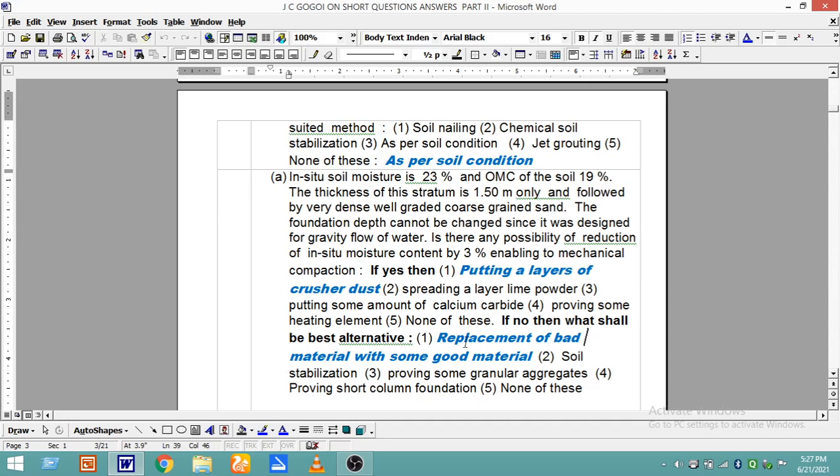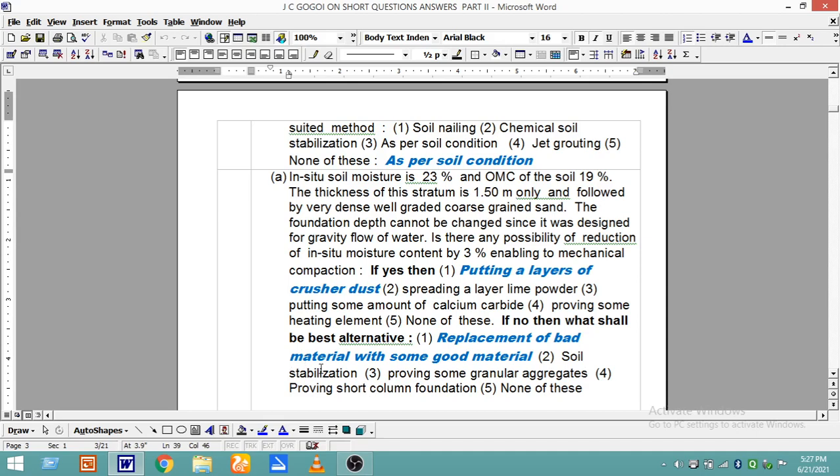The replacement of bad material with some good material shall be the best option in this case, because 1.5 meter can easily be excavated and removed, and the cost shall be very less instead of all this costly proposition.